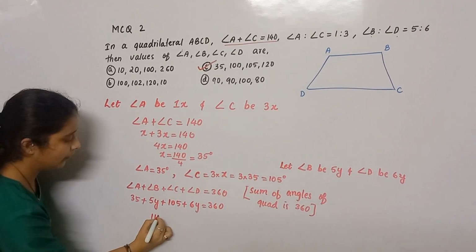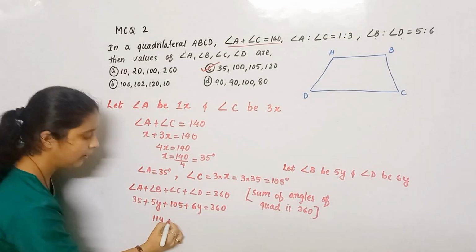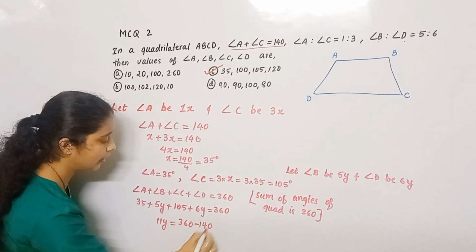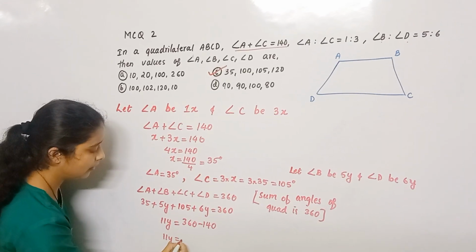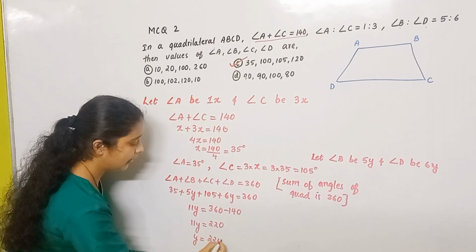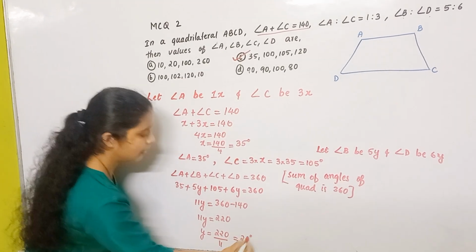So that will give you 11y. 35 plus 105 will be 140, which on shifting I can write as 360 minus 140, and that will give you the answer 220. So y is equal to 220 upon 11, which is nothing but 20 degrees.